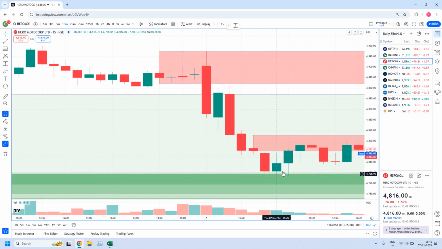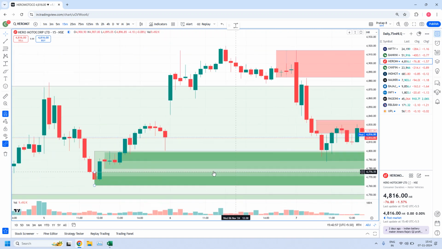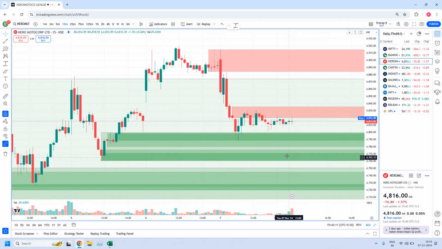After that, prices moved up and reached the target. Suppose prices once again enter into this area, you cannot take a trade because this zone is pierced. That means the high liquidity lifetime is gone with this candle. Your next plan should be on this particular area. But today, prices did not reach into this area. Within this area only prices were moving the entire day.